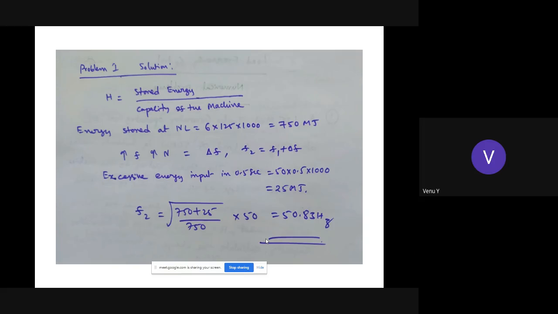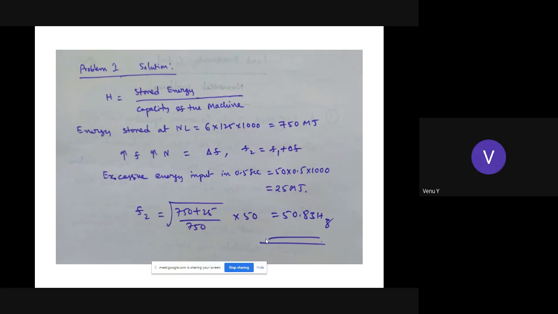The load on the machine is decreased when you are operating at full load and rated frequency. Again, the frequency will increase as you are not adjusting the droop, so the change in frequency is there, 50.83 hertz.